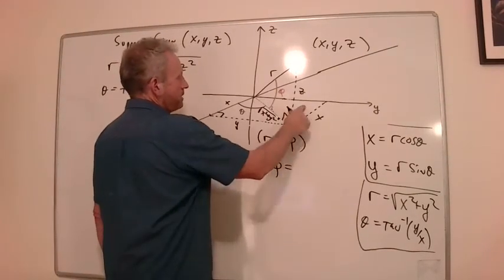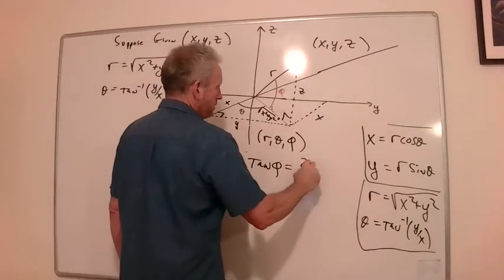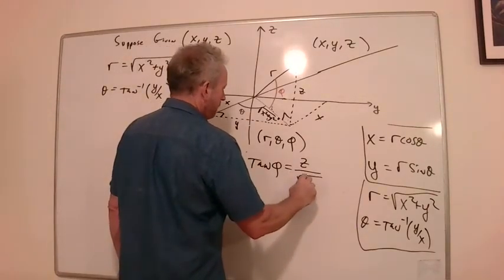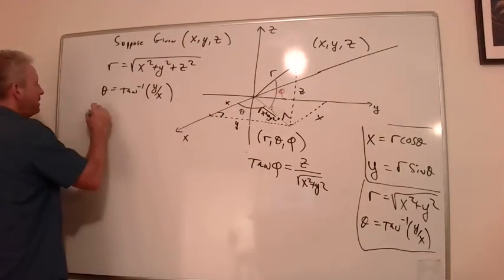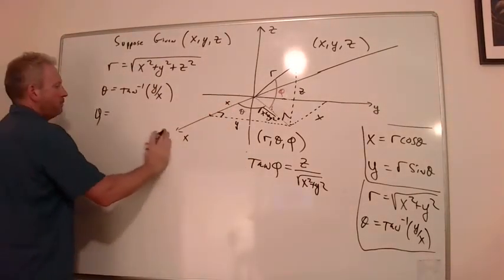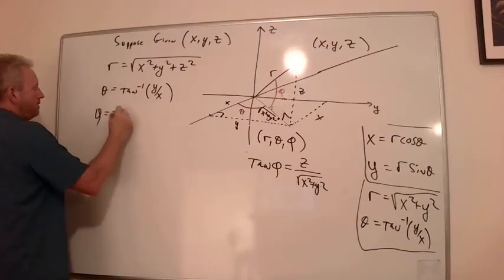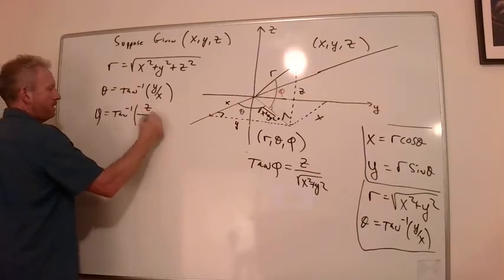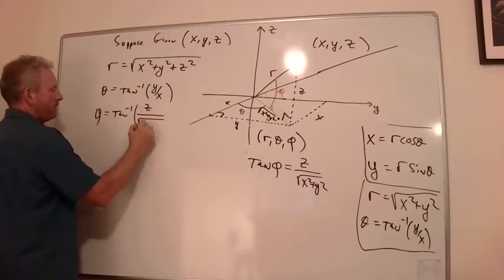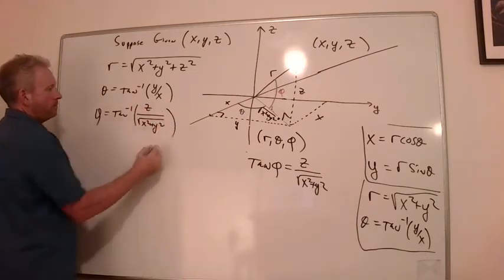What's the definition of tangent? Opposite over adjacent. So this is z over the square root of x squared plus y squared. And so phi is equal to tangent inverse of z divided by the square root of x squared plus y squared.